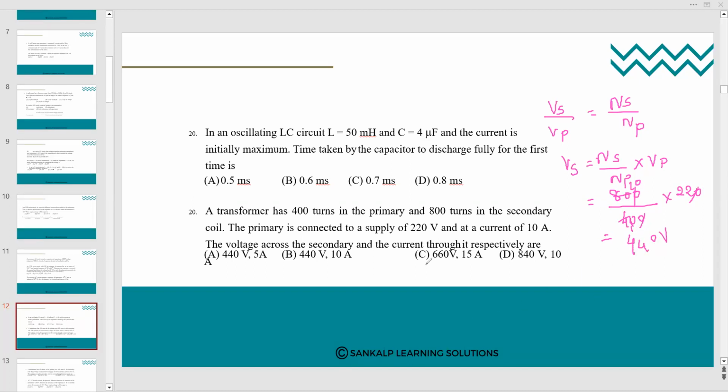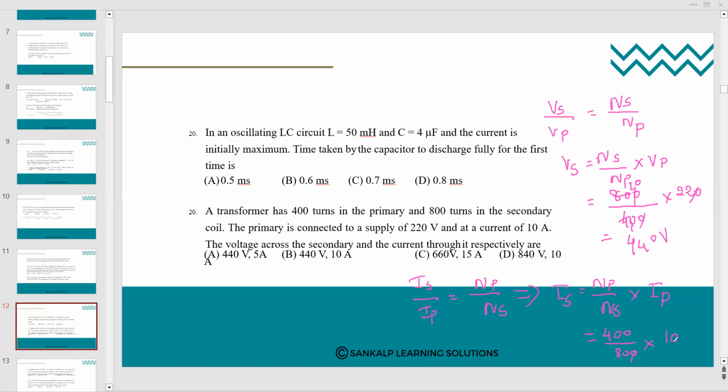Let us calculate the current in the secondary coil, which is given by Is divided by Ip is equal to Np divided by Ns, which implies Is is equal to Np divided by Ns into Ip. The number of turns in the primary coil is 400, in the secondary coil is 800, and the Ip value is 10.